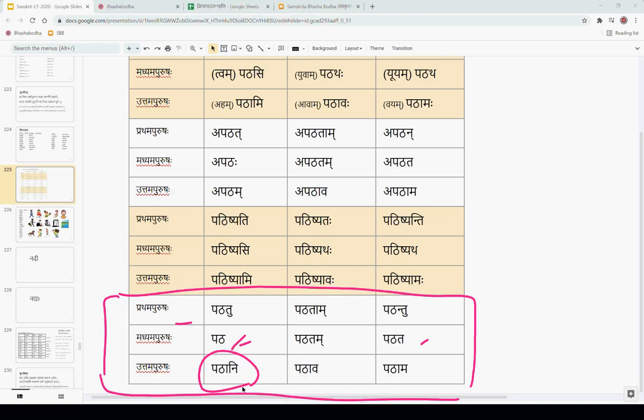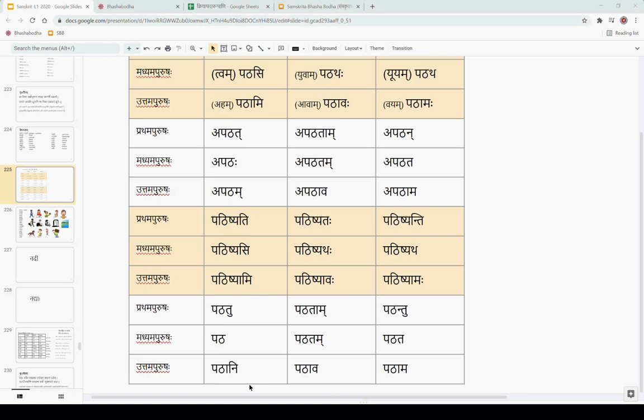Aham khadani, should I eat? Aham pathani, should I read? Aham pathani kim, should I read? Or what should I read? Aham kim pathani, what should I read?